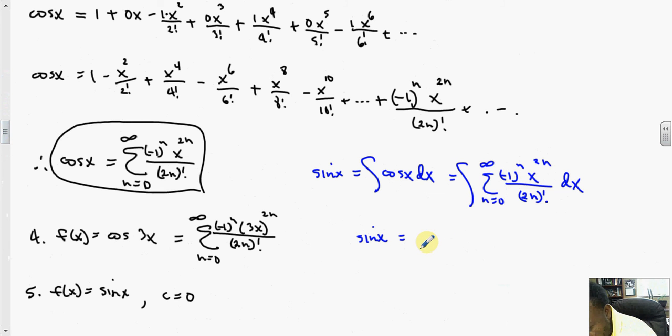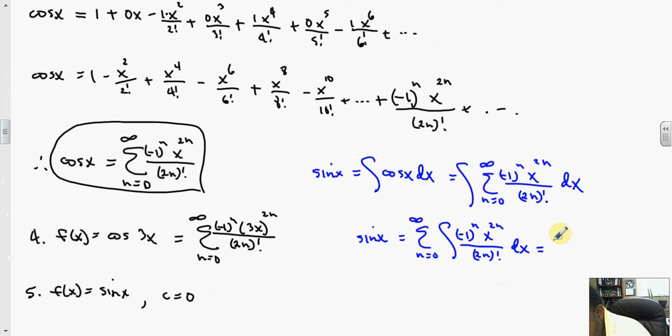So sine x, we integrate. You can write this as the summation of the integral. That's the neat thing, because this series is continuous over the terms, so this is written as the summation as n goes from 0 to infinity of the integral of negative 1 to the n times x to the 2n over 2n factorial dx.